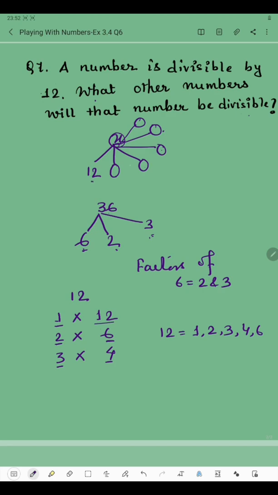So it will be 1, 2, 3, 4 and 6. That means when you divide x by these numbers, we will get 0. Okay. So what other numbers will that number be divisible? It will be divisible by the factors of 12, which are 1, 2, 3, 4 and 6.